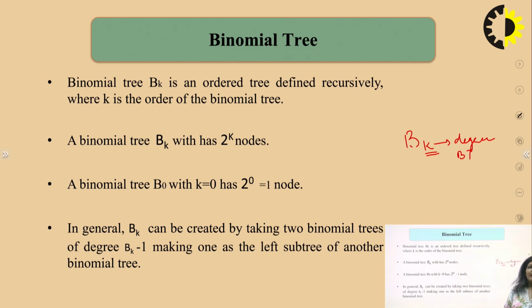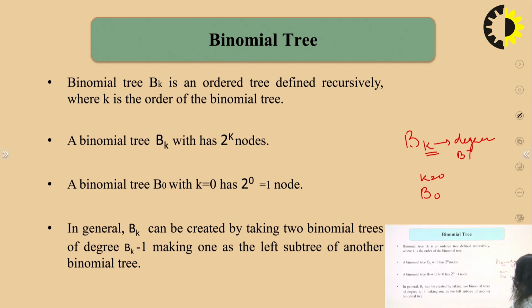Now, for example, a binomial tree BK. If we keep the value of K equal to 0, we can represent this binomial tree as B0. So, B0 is essentially a binomial tree which has a degree of 0. And if I talk about the total number of nodes in a binomial tree, how can I find it out?